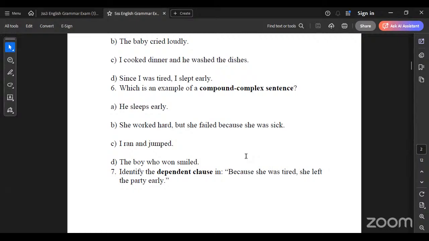Oh, amazing. So you can see "but" makes it compound, "because" makes it complex. A compound complex sentence is a sentence that has two independent clauses and one dependent clause. "She failed because she was sick."